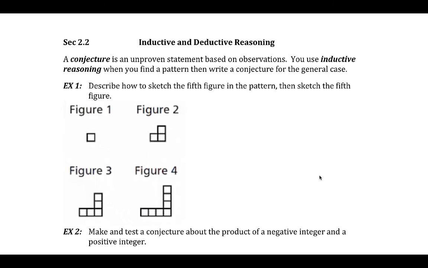If we look at figure 1, we just have one dot, square. If we look at the second one, we can see that we have 2 in that direction, and 2 in this direction. With figure 3, we have 3 in this direction, and 3 in this direction.